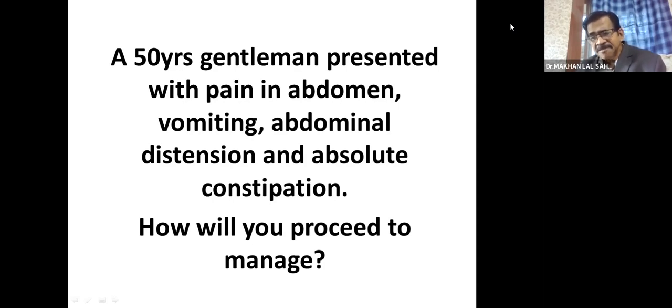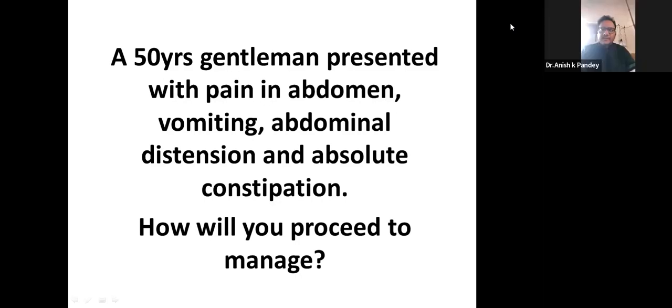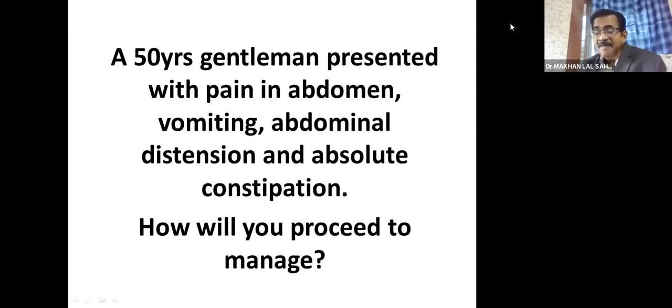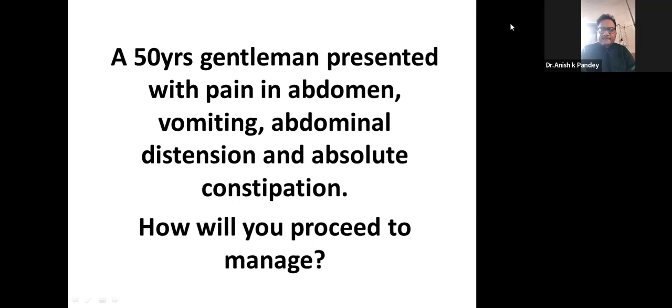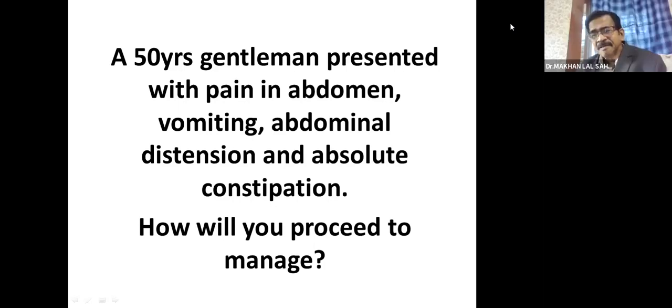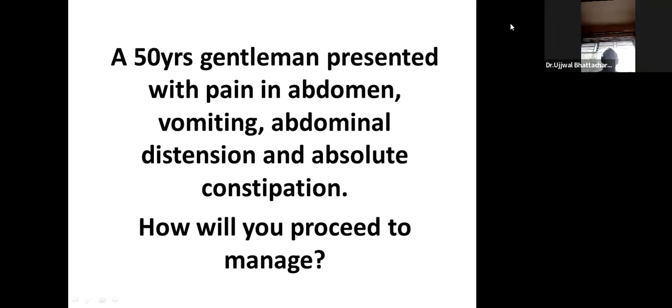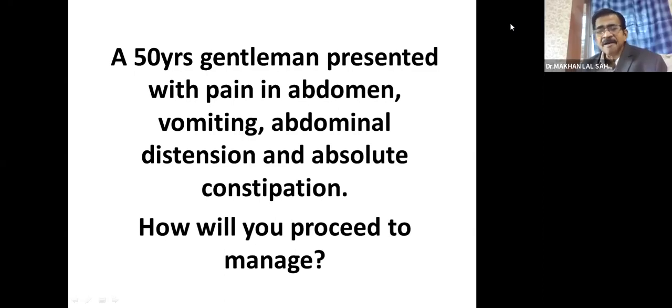If there is strangulation in an intussusception, the patient will have GI bleed, which will be manifested in the form of what is classically known as red currant jelly stool, sir. Yes, that is more in children. In an adult, the patient may have altered blood.